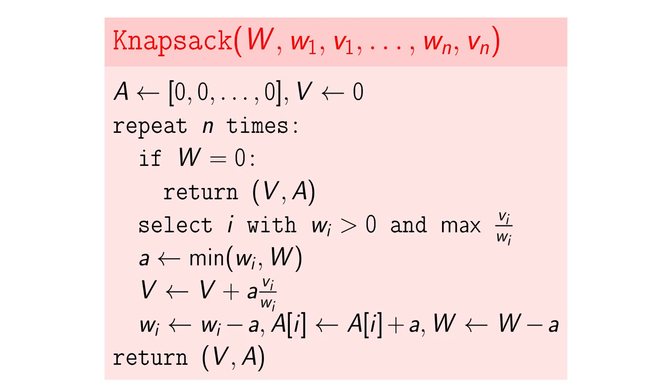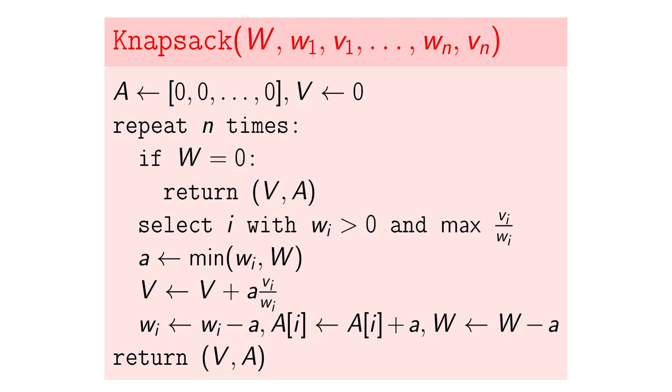When we've selected the i, we determine the amount which we will take. It is either the whole w_i, the whole of this item, if it fits in the knapsack. Otherwise, if the capacity of the knapsack is already less, then we just fill it up to the end. So A is the minimum of w_i and big W.